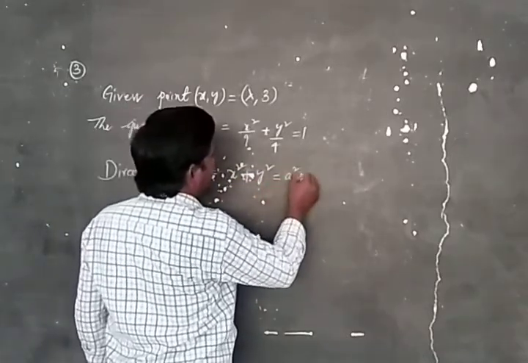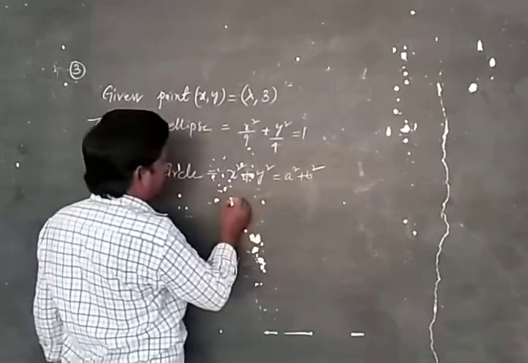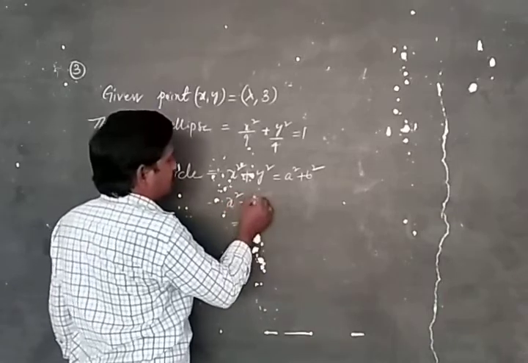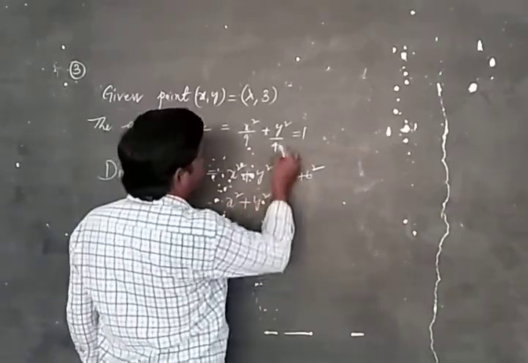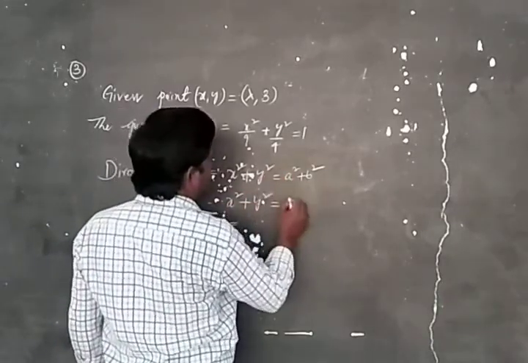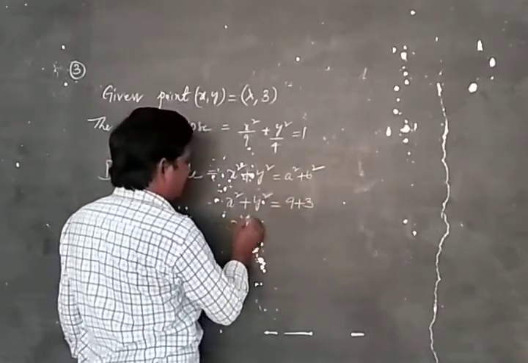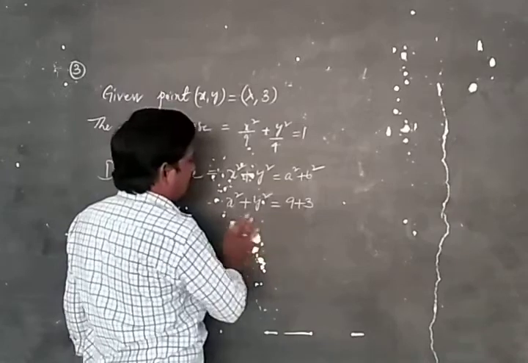x square plus y square equal to a square plus b square, that means 9 plus 4.